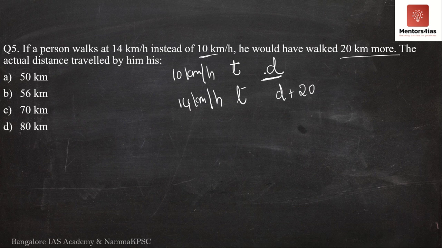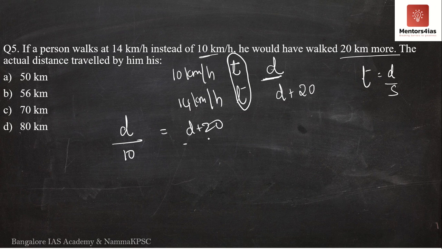Don't you think this is very simple? Since time is common, and time is nothing but distance by speed, we should be able to equate these two things. So d by 10 is equal to (d plus 20) divided by 14.